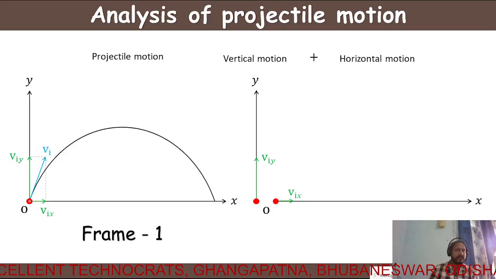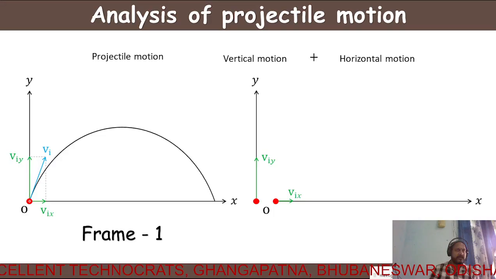Now it has reached this particular position. That is the vertical distance it has traveled, and this much is the horizontal distance it has traveled.